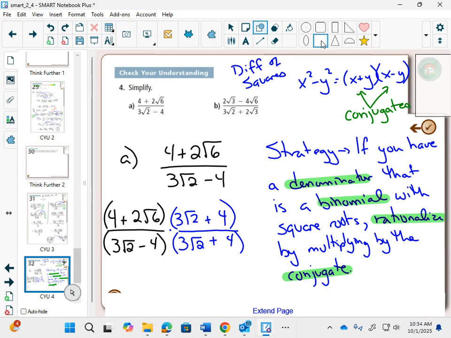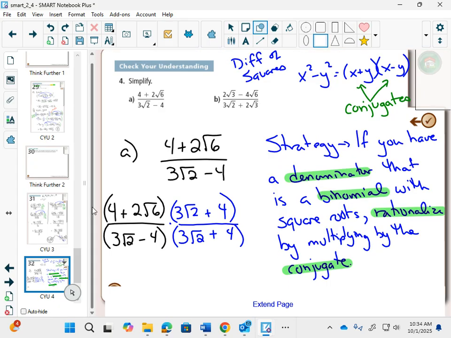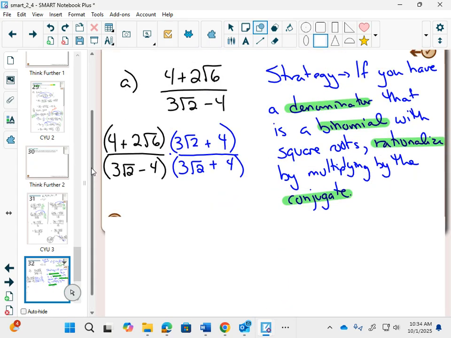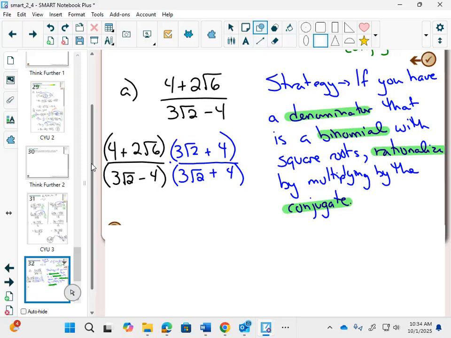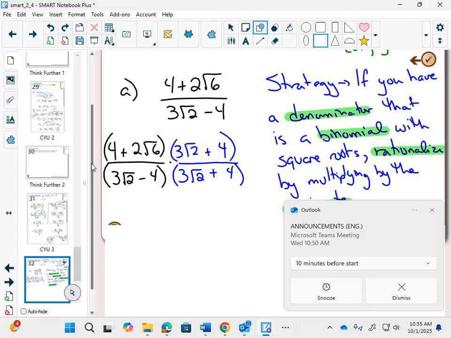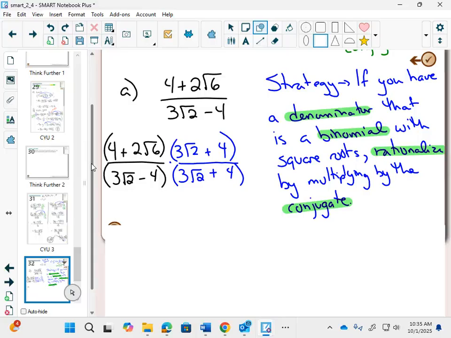Well, this is where you go, I think it was simplified enough, Mr. JR. I'm okay with square roots on the bottom. But unfortunately, historically, mathematically, you can't have square roots on the bottom. And so, in this situation, the bottom is a difference of squares.